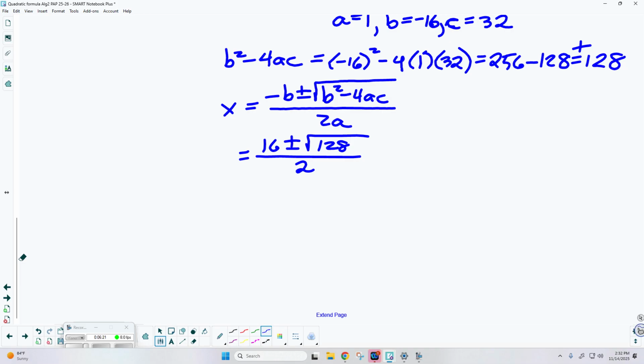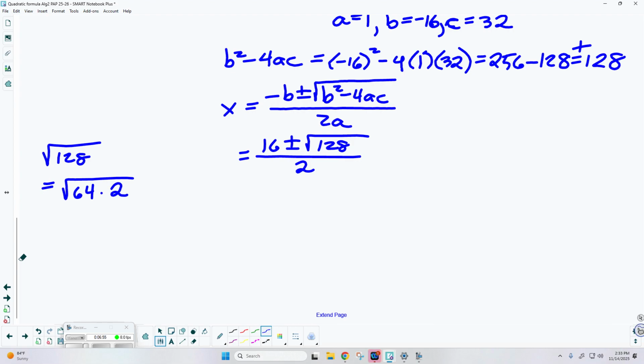So think about all of your perfect squares, 1, 4, 9, 16, 25, etc. What's the largest one that divides 128 evenly? 64. There we go. So 128, I can rewrite this as the square root of 64 times what?